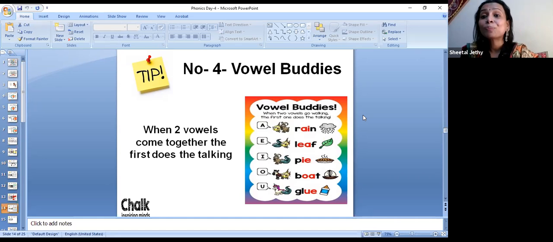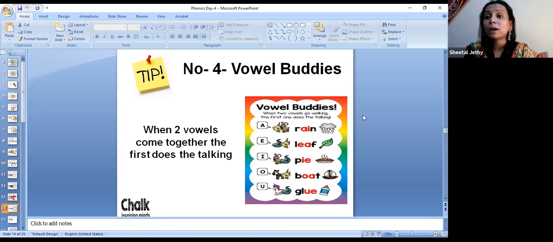So vowel buddies are when two vowels come together in a word, and you can always hear the first vowel's sound, and it is always a long pronunciation.